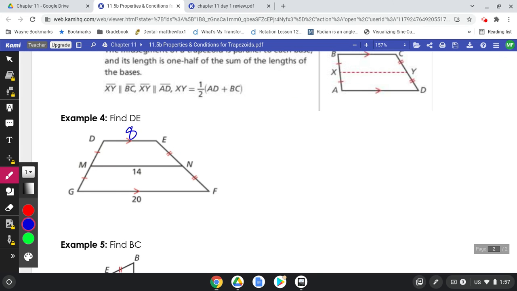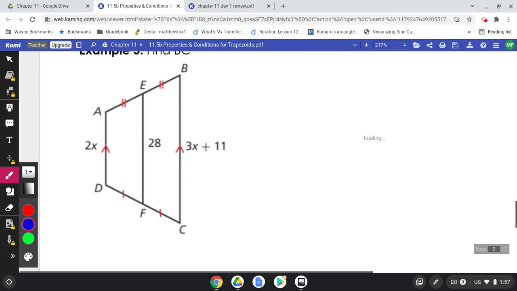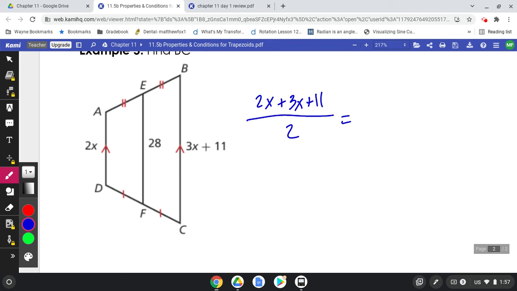Now, this next one is a little bit tougher, because here we know if we add the two bases together, and then divide by 2, we will get whatever the mid-segment is. Okay, so we've got it set up. Now if we're dividing, the opposite is multiplying. So let's multiply by 2, multiply by 2.